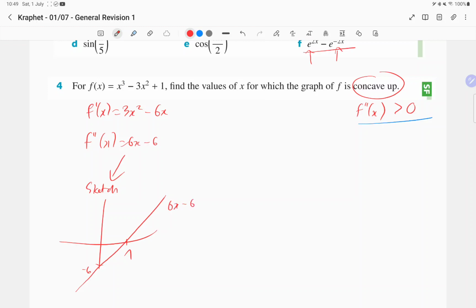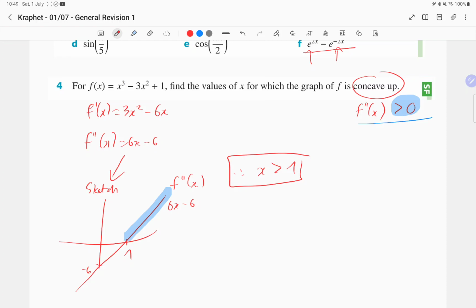For which part of it is the graph concave up? Note that this is the second derivative, f double dash of x. That's a graph of the second derivative. And we want the second derivative to be more than 0, which means we are talking about this section here. So therefore, the answer is x must be more than 1.